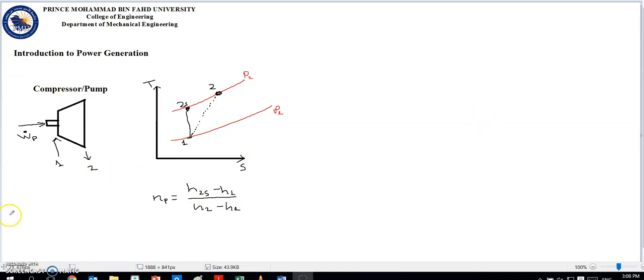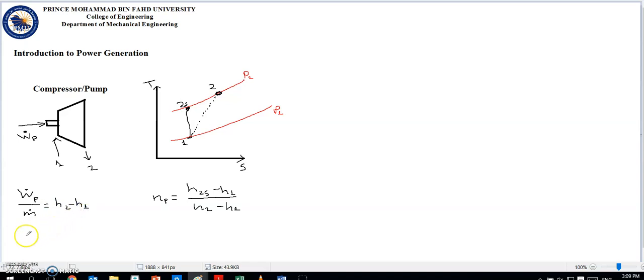The work that we need to offer to the compressor per mass flow rate, W dot P over m dot, equals H2 minus H1.